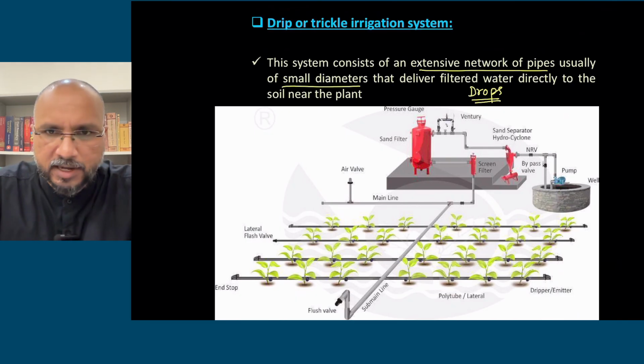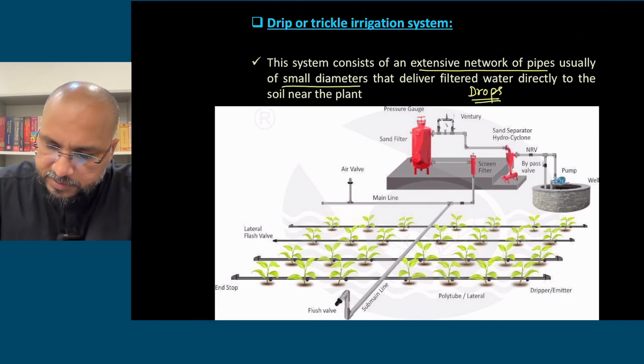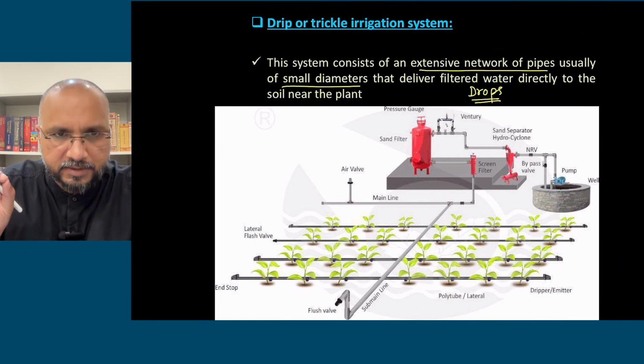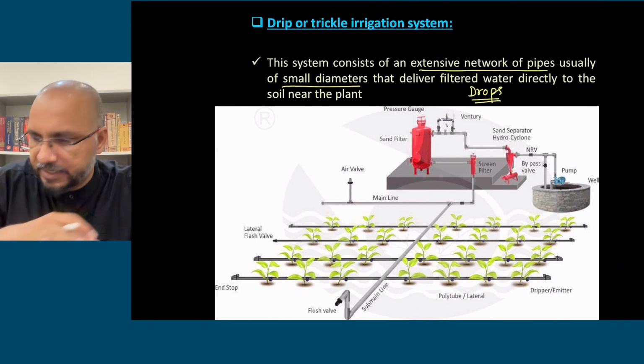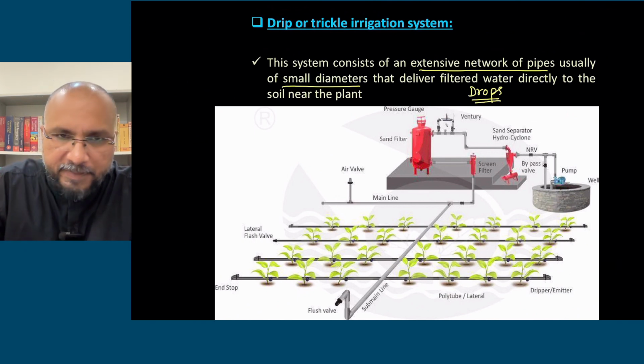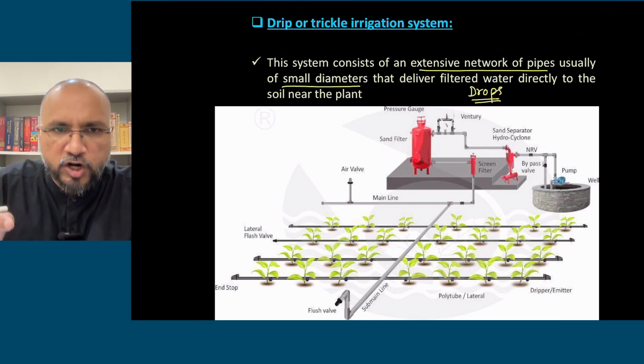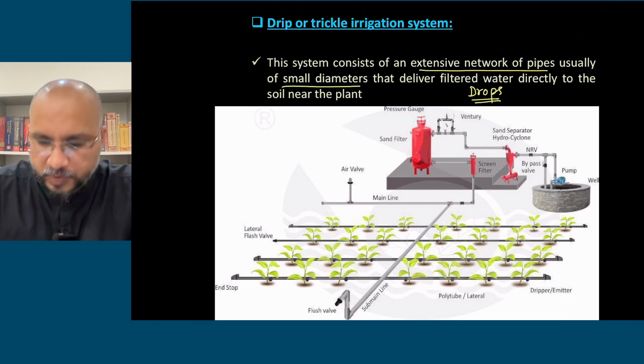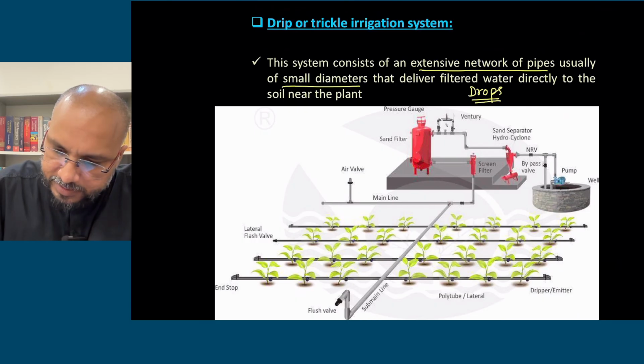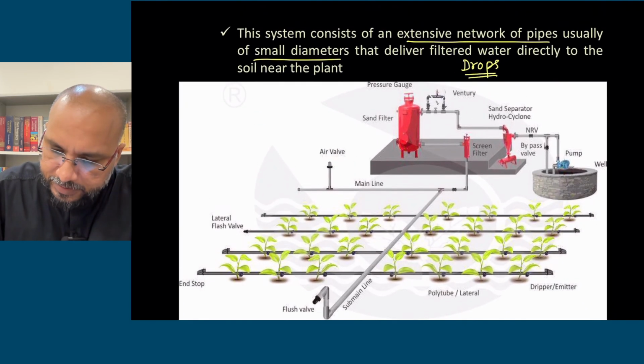I will show you the diagram of how the field looks in the drip irrigation method. So this is the drip irrigation system where there is a network of pipes and you are applying the water in the form of drops near the plant. Okay, so here is your diagram.